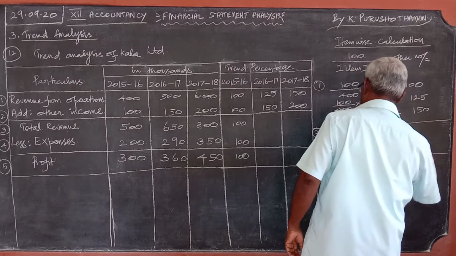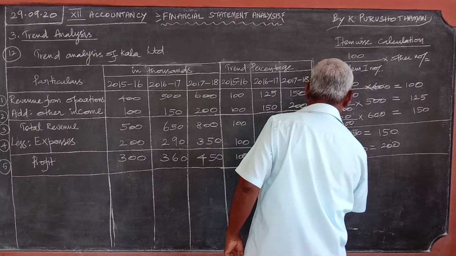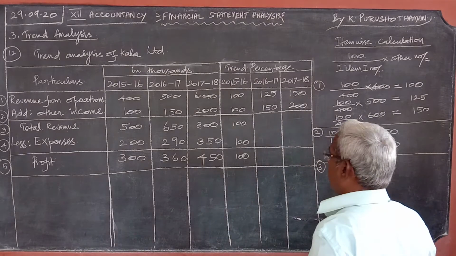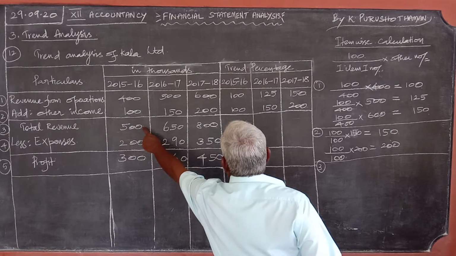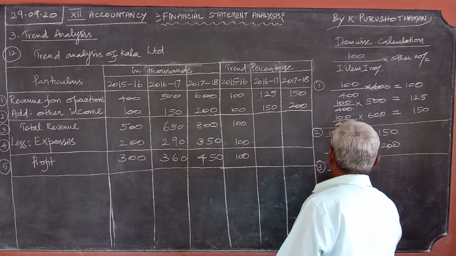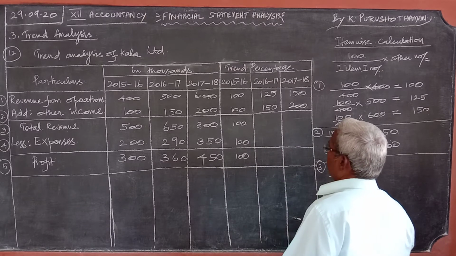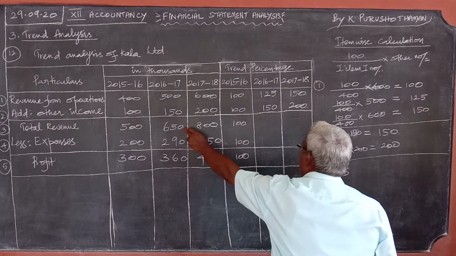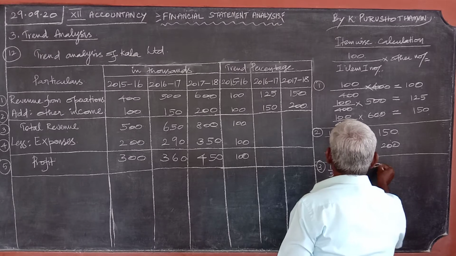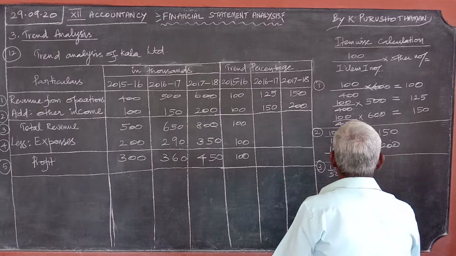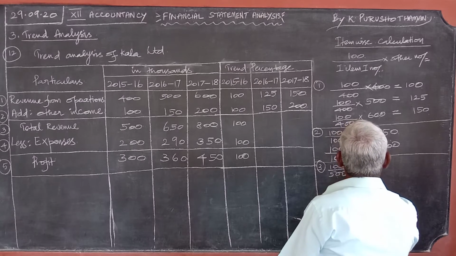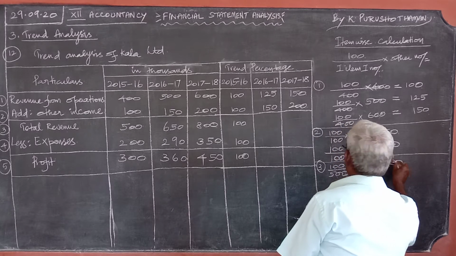Regarding the third case, 100 by the first number, 500, into the next number, 650, which is equal to, two zeros cancel, 5, 13, 130%.